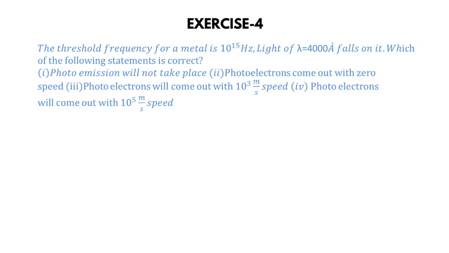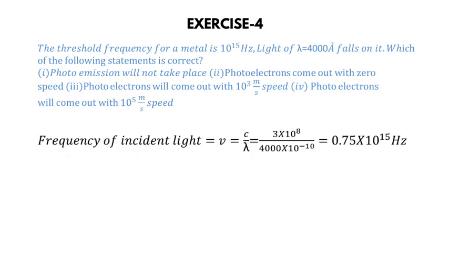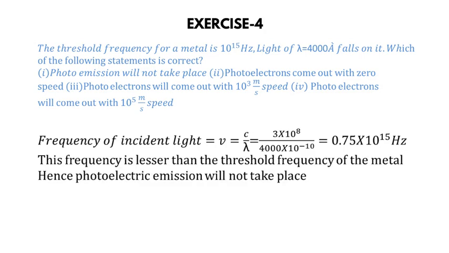Photoelectrons will come out with 10 to the power 3 meter per second speed. Photoelectrons will come out with 10 to the power 5 meter per second speed. Frequency of incident light nu equals c by lambda, where c is the velocity of light and lambda is the wavelength. This frequency is lesser than the threshold frequency of the metal, hence photoelectric emission will not take place.